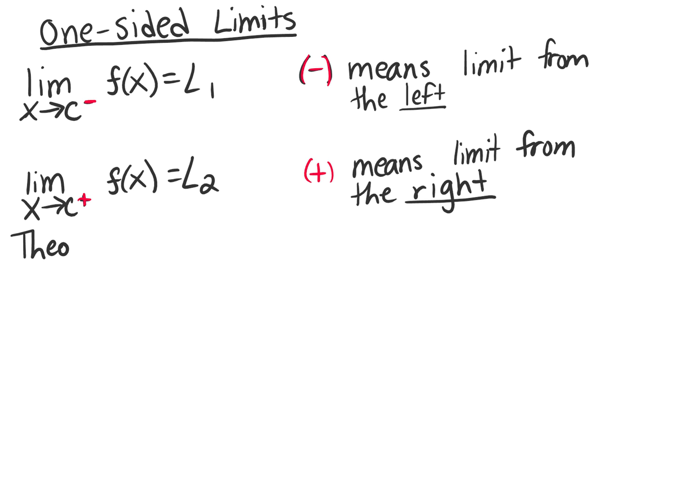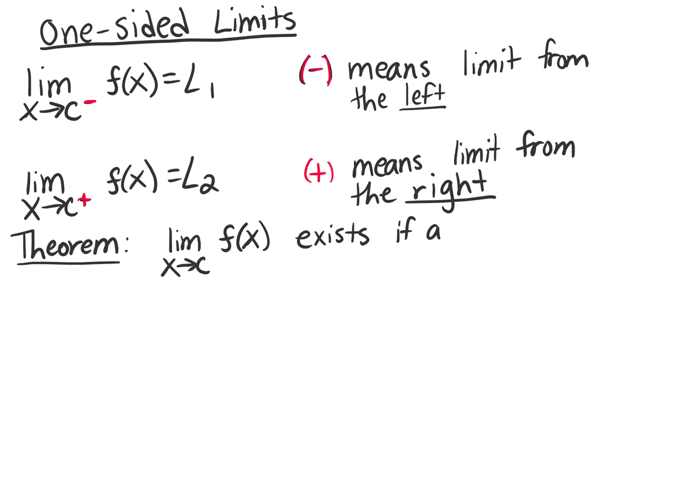Our theorem that kind of goes along with that says the limit as x approaches c of some function exists if and only if, remember, if and only if means you can take this statement and go either direction, the limit as x approaches c from the left is equal to the limit as x approaches c from the right.